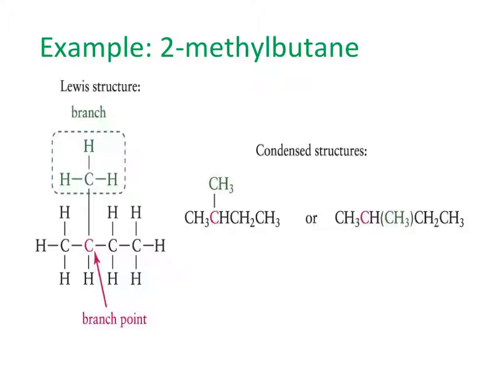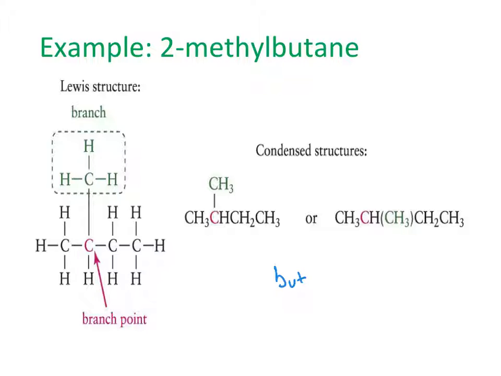And so when we're naming these branched chain hydrocarbons, the same basic rules apply in that we're going to look for the length of our longest carbon chain, 1, 2, 3, 4. And so our root is going to be but.